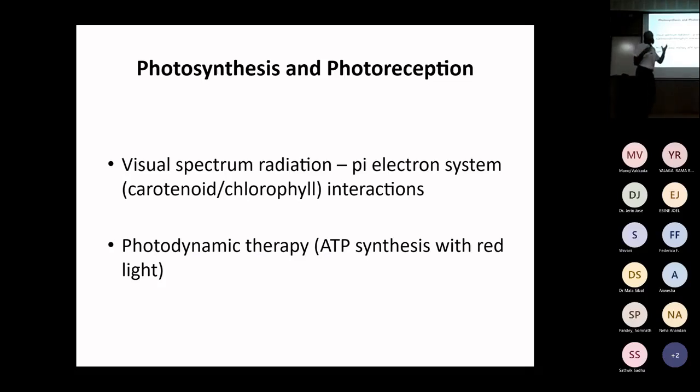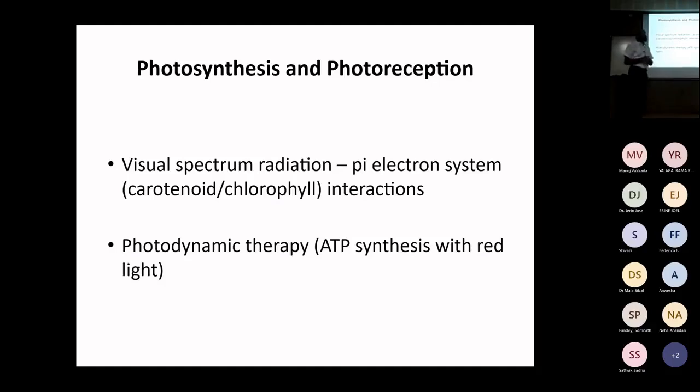So the visual transduction element in photosynthesis is chlorophyll and carotenoids. Same is the case in the visual transduction process. There are pi electron system interactions in the visual spectrum in photosynthesis. Same is the case here.